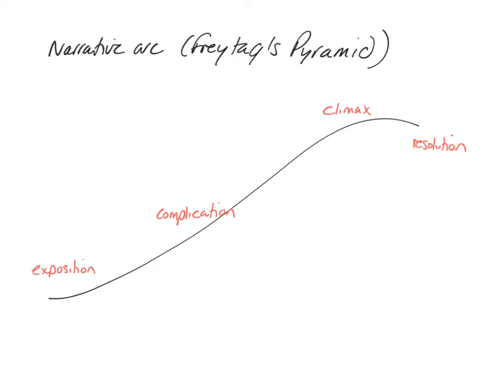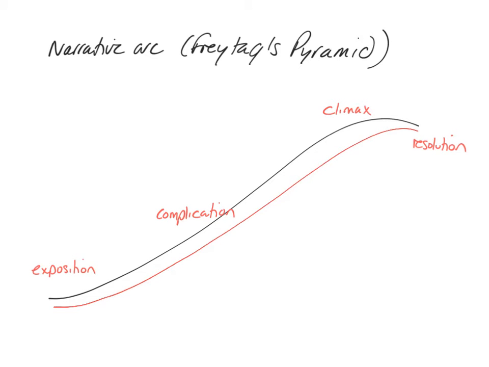Now, I mentioned before that you were going to be told where something came from in terms of where the extract was taken from its novel or novella or so. And this is important in part because of narrative arc or Freytag's pyramid. Now, if you think of a story, the basic kind of structure of a story follows this kind of journey.